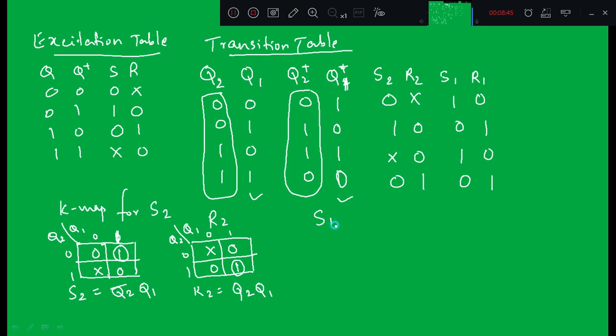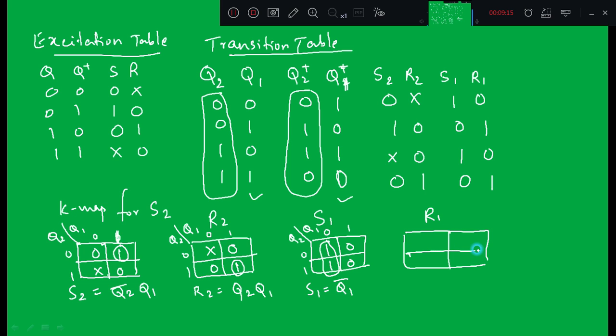Similarly, put the K-map for S1. Inputs are Q2 and Q1, and fill out those cells 1 0 1 0. The expression for S1 is Q1 bar. The last one is R1.